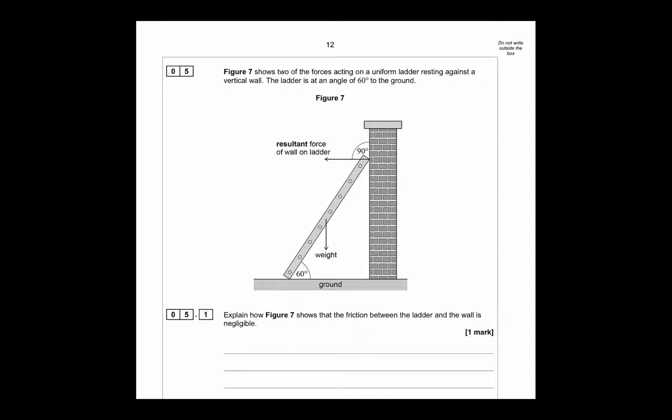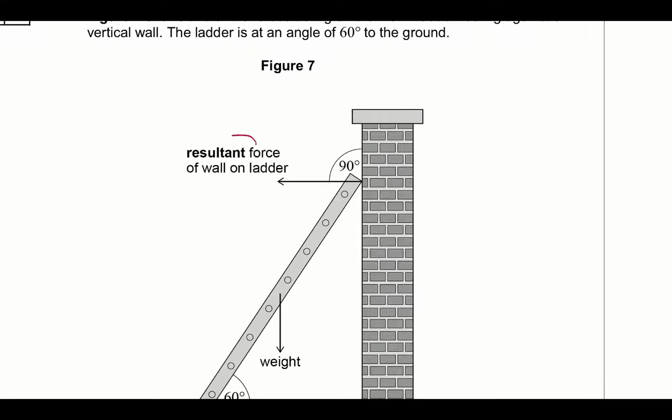It's showing that it's negligible, basically because the resultant force is at 90 degrees. Because the resultant force is at 90 degrees, that means that all of the force is coming out of the wall and there's no vertical component.